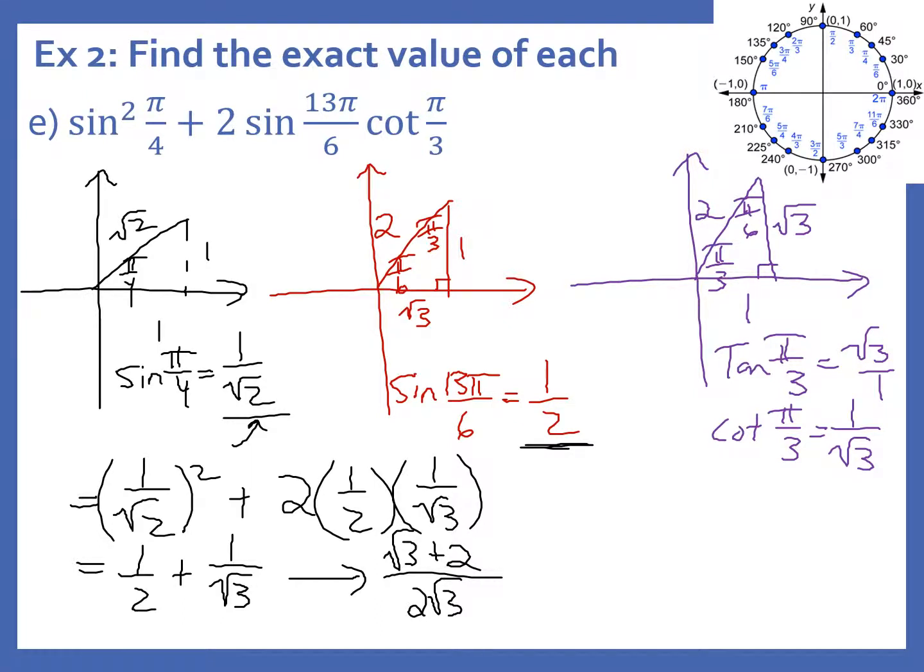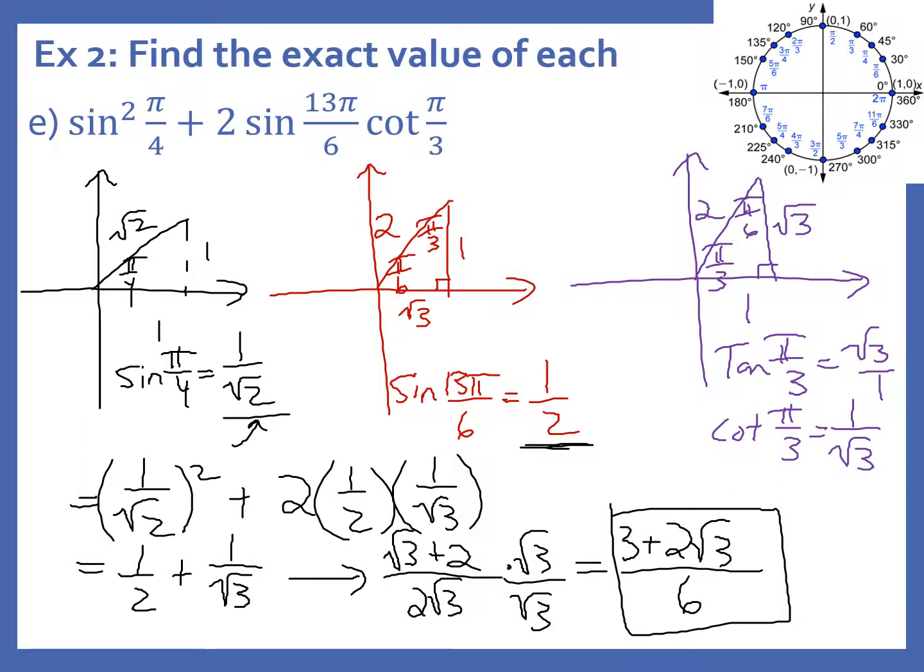So multiply everything by root 3. So that's going to give us 3 plus 2 root 3 all over 2 times 3, which is 6. More than likely, that's how the textbook's going to leave it for you.